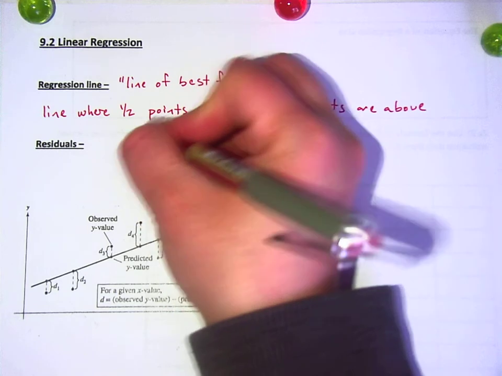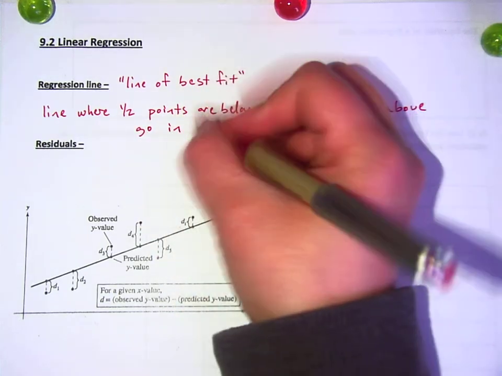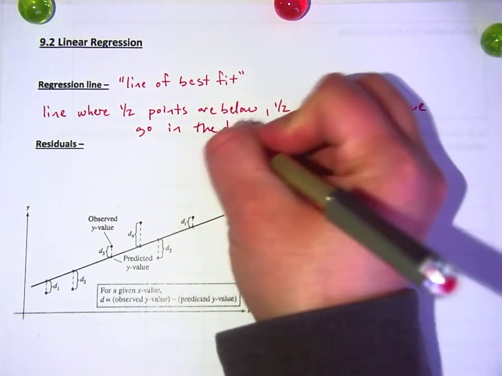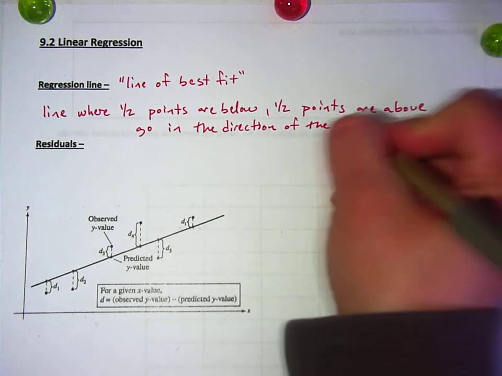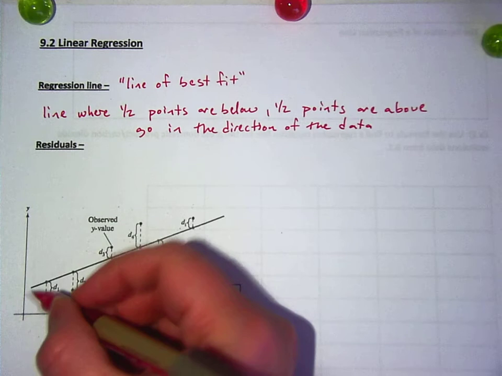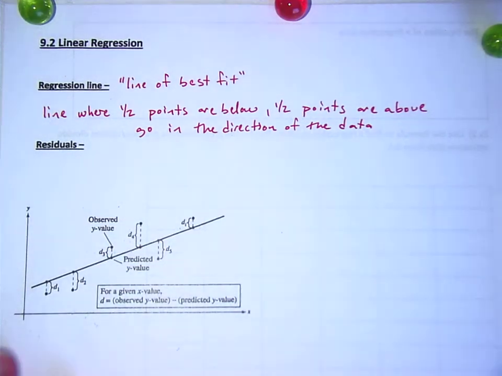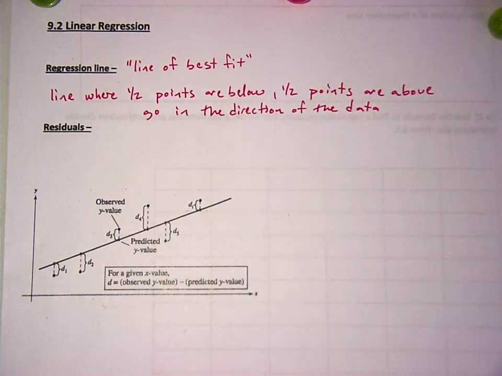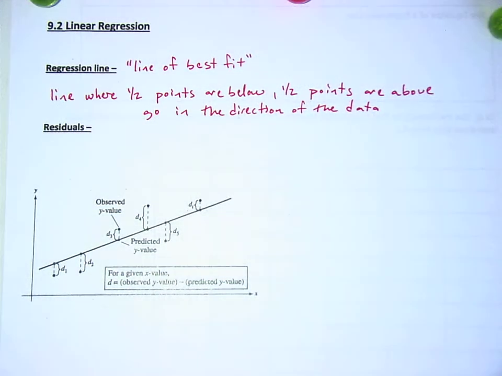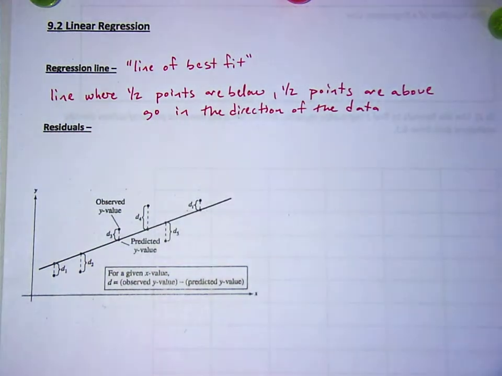And it has to go in the direction of the data. The reason we like to make a line on the data, like on a scatter plot, is so that we can predict the future. So we can predict, well, if this is a relationship, then if this happened, that would happen.